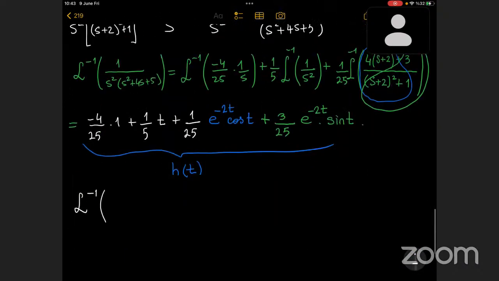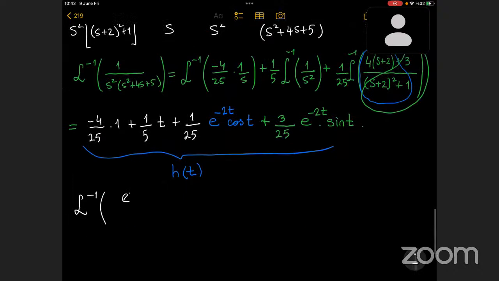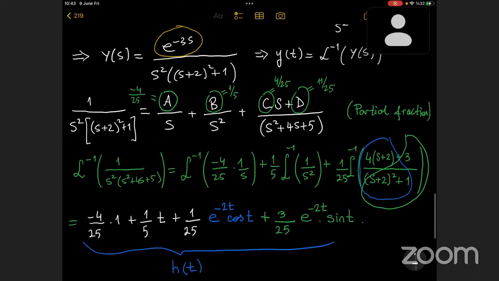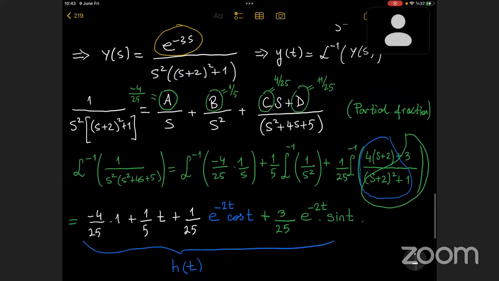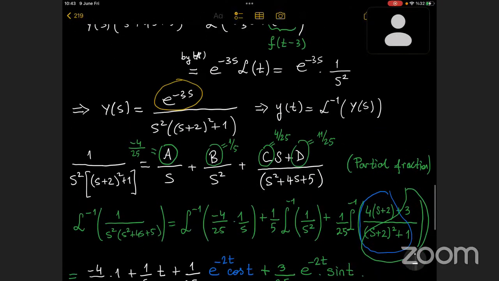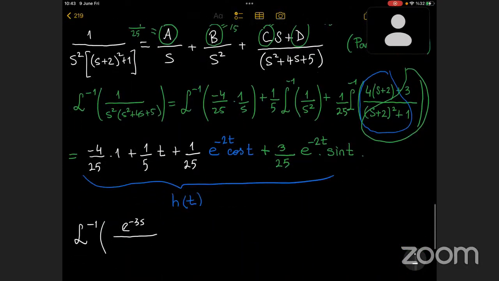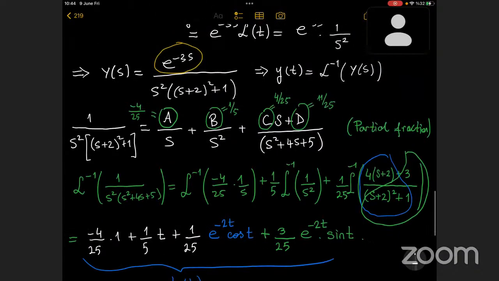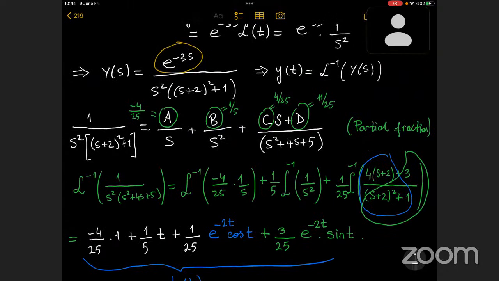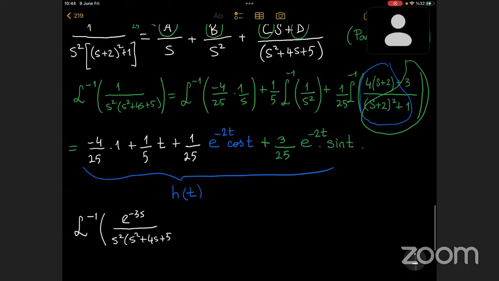E üzeri eksi 3s, e to the minus 3s over s square times s square plus 4s plus 5 is now, ne olacak bu?